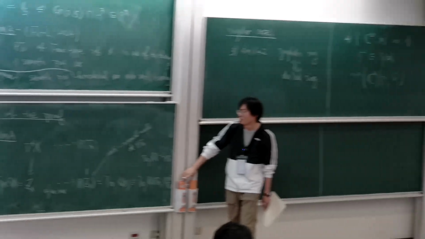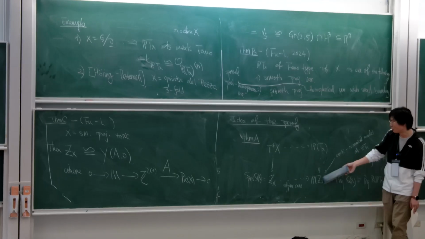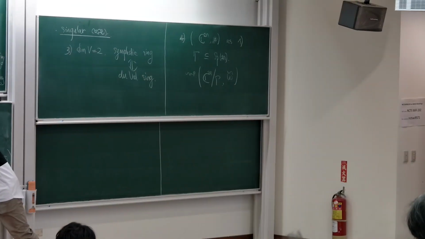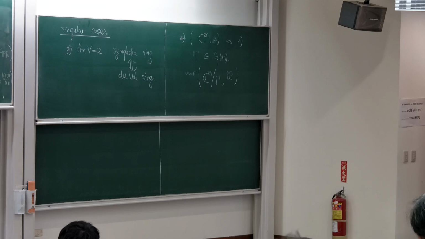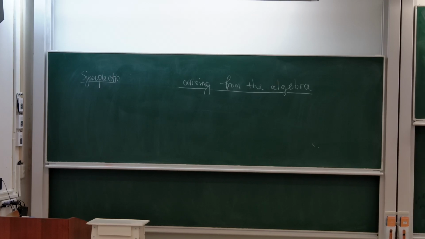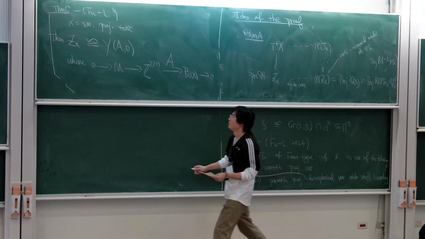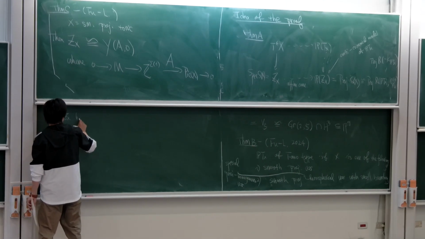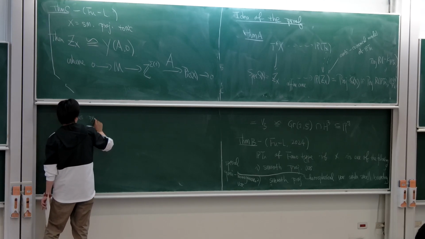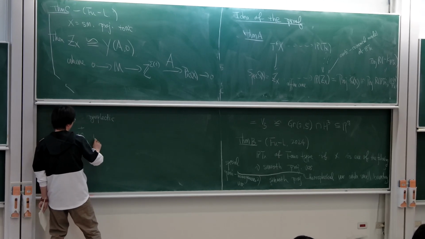Then I want to try to translate the information at this side to the information at the right-hand side. In fact, we can prove that we have the following equivalence. Look at here. This has symplectic singularities, and this map phi is birational.